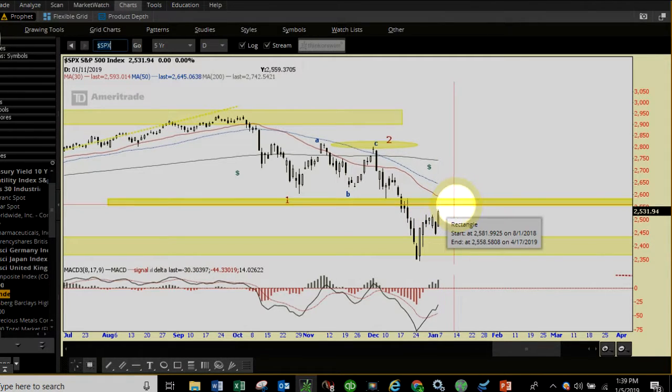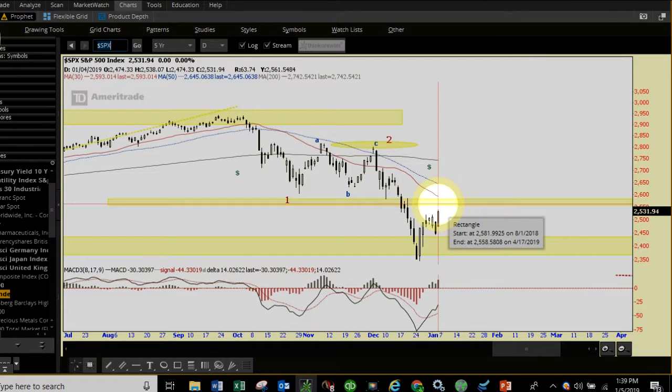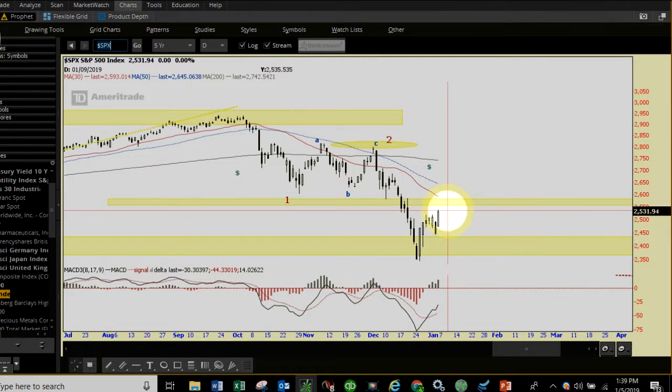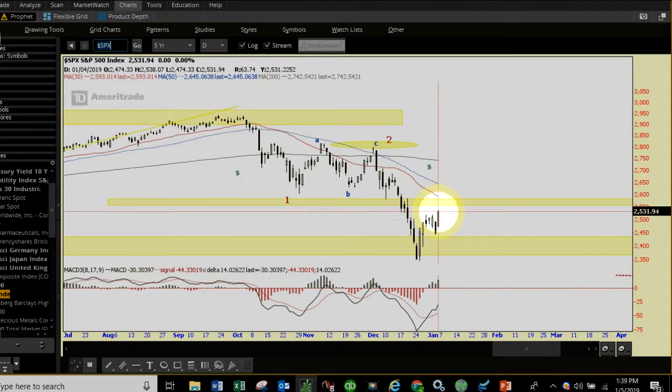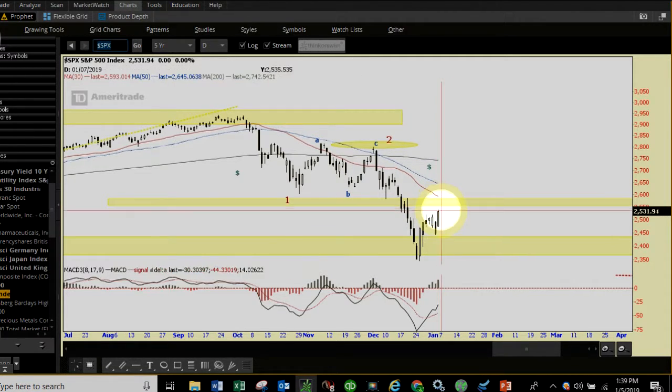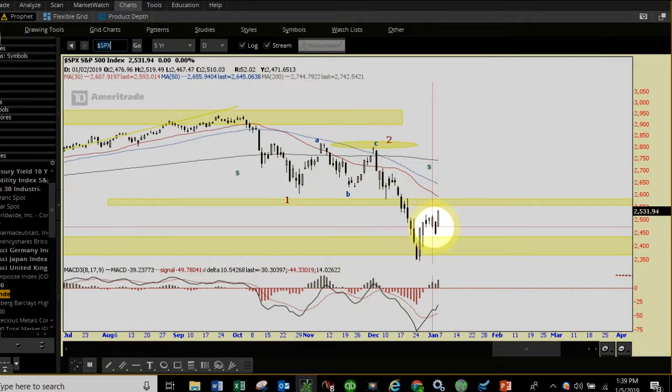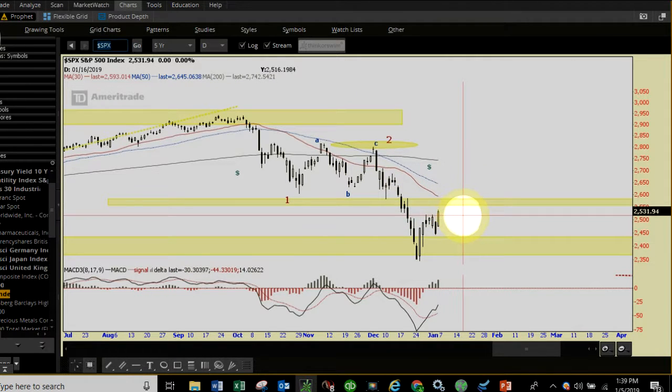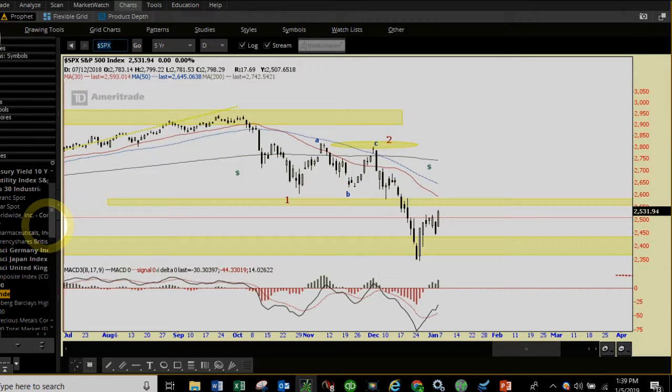In fact, I've got this zone right here around the 2570 area, and I think that's probably a good area to start seeing this slow down. We'll probably get some sort of pop with a sideways or slightly down, and then another pop. So there's another down up sequence to go in this counter trend, likely. Okay, there's no way to know for sure, but that's likely what's going to happen.